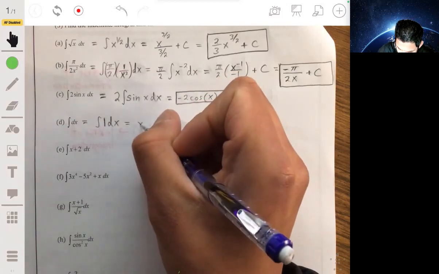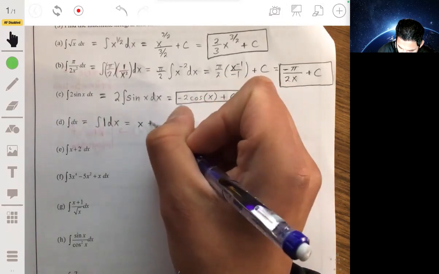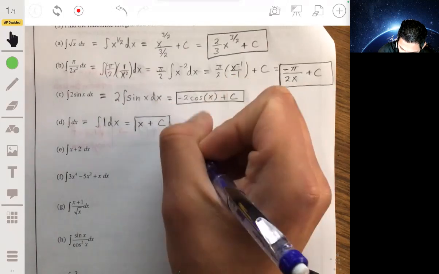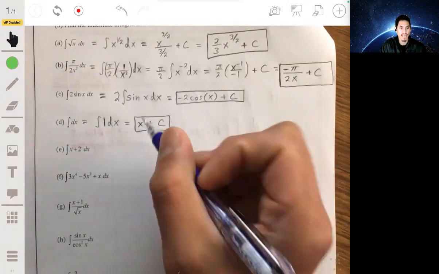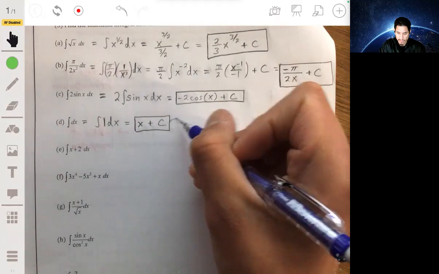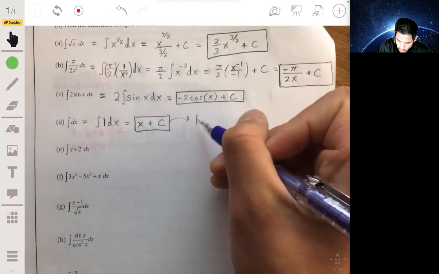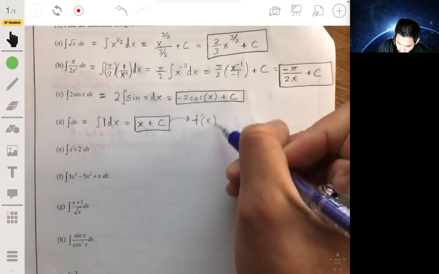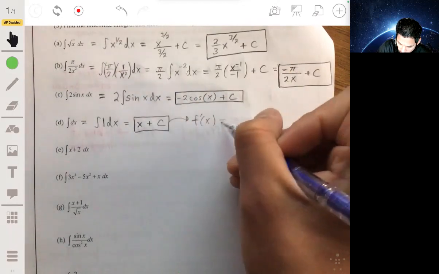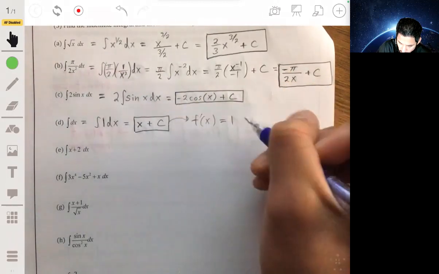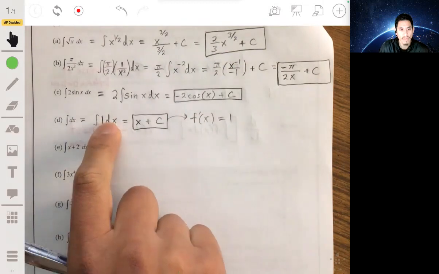So this will be x plus c. And again, you can always verify your answer by taking the derivative. If you took the derivative of this, you'd get that the derivative of x is just 1 plus 0, and that's what you get here.